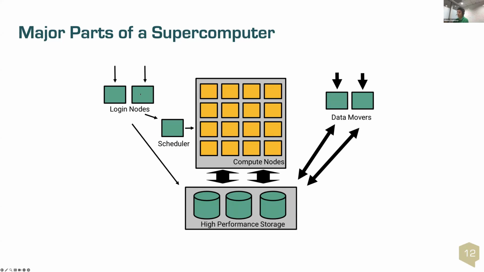But these nodes do not do any kind of compute. So these nodes are meant to basically receive users for connection to the computer. So when you connect to Setonix or to any supercomputer, you land here in these login nodes. You are still away from the compute.